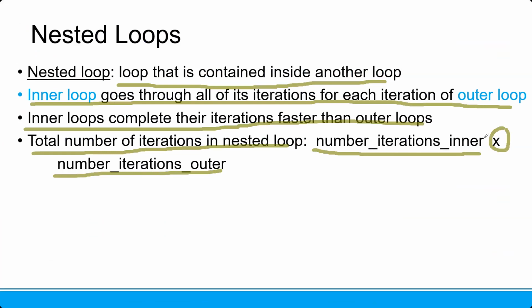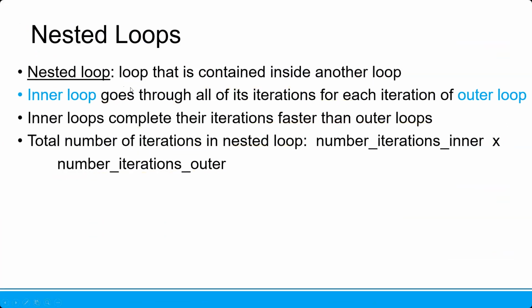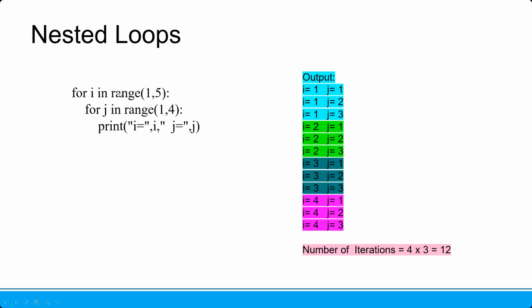Let's see what is meant by inner and outer. I have for i in range 1 until 5, and then I have for j in range 1 until 4. I want to print i and I want to print j. So this is the result.